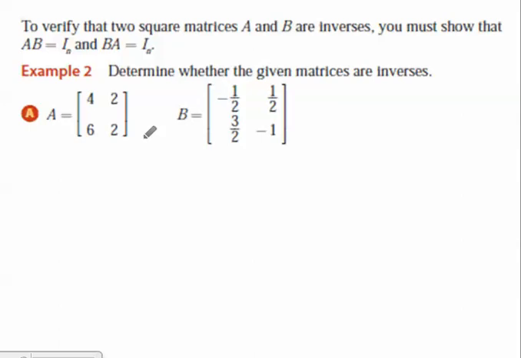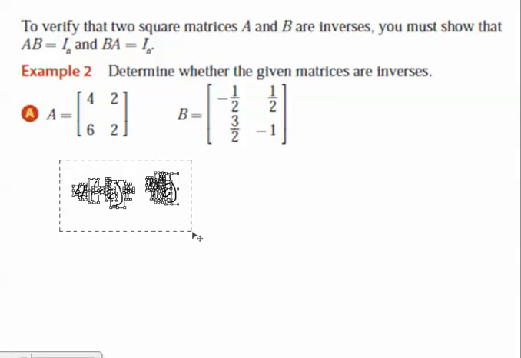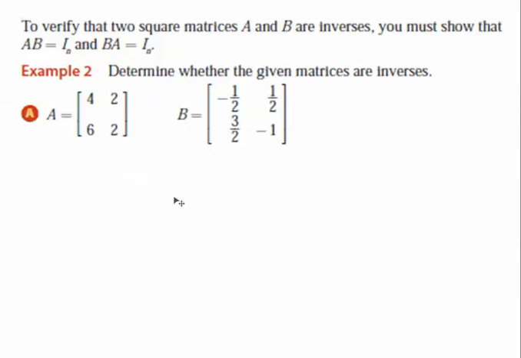So, this is asking me to determine whether these matrices are inverses of each other. Here's the simple way. 4 times negative 1/2 plus 2 times 3 over 2. Oh, geez, sorry. Try that again. You make a mistake every once in a while.